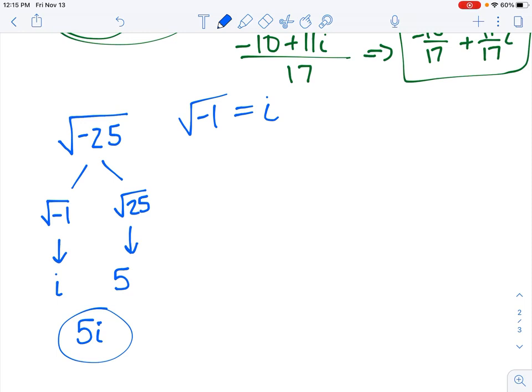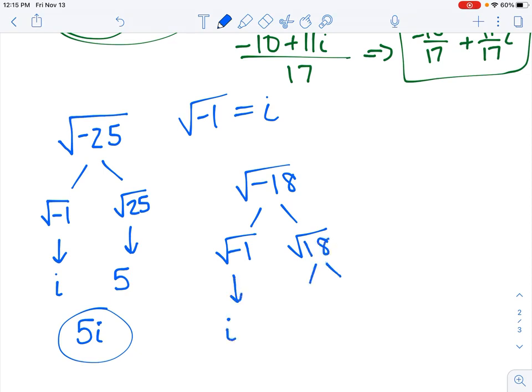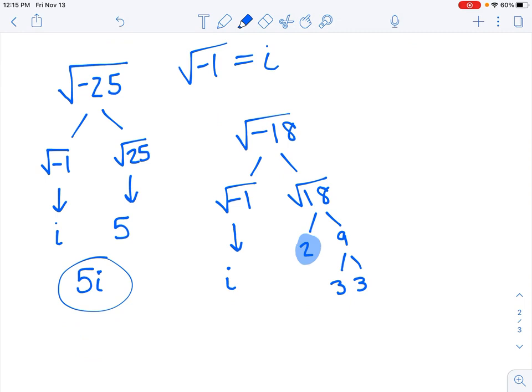They can get slightly trickier though. We can have something like the square root of negative 18, where once again we can split this out into the negative 1 and the positive 18. Negative 1 goes to i, while 18 we can split out into its factor tree, circle its leaves, and do the 2 times 3 times 3.